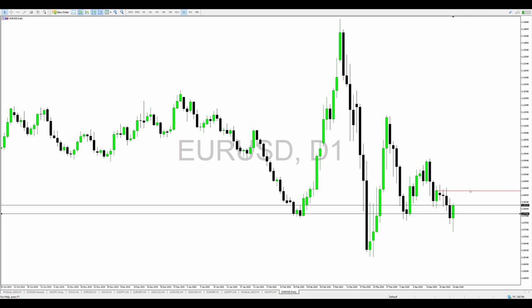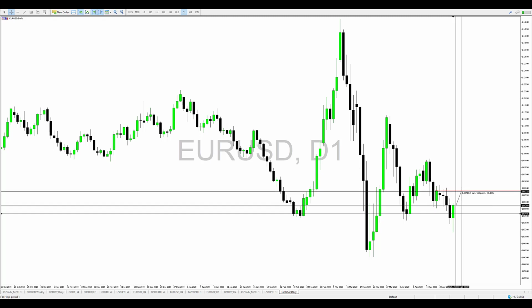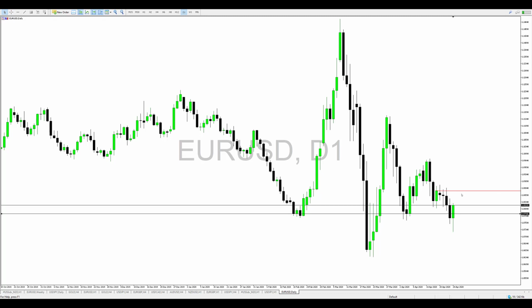So I'll be expecting price to trade all the way to 1.0878 in the coming week. That's an easy 50 pips. So with my focus being weakness coming into dollar index, these are the levels that we should look at when it comes to USD, EURUSD. So this is the range that we are looking at.